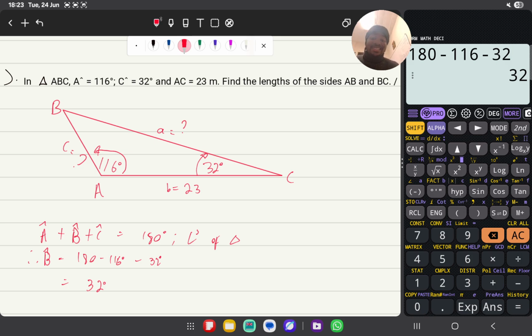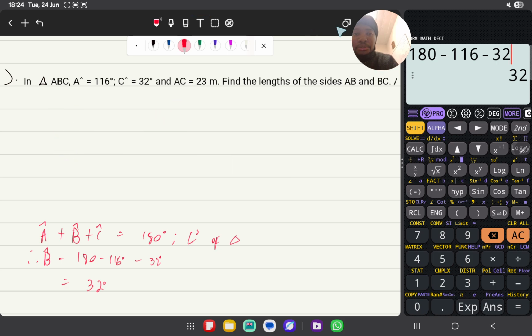because this is an isosceles triangle with two sides being equal. So I will fix that right now.